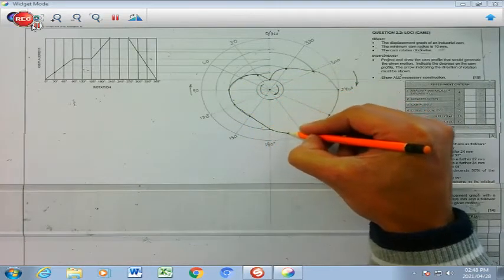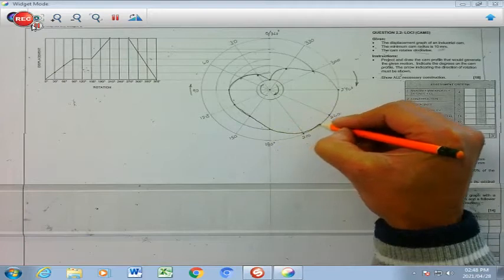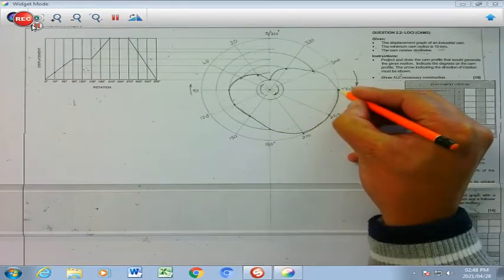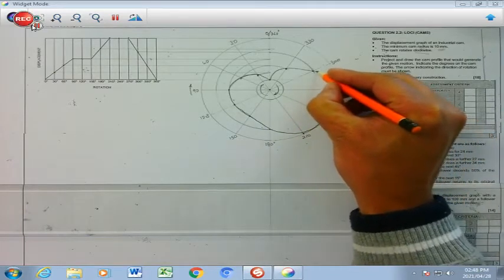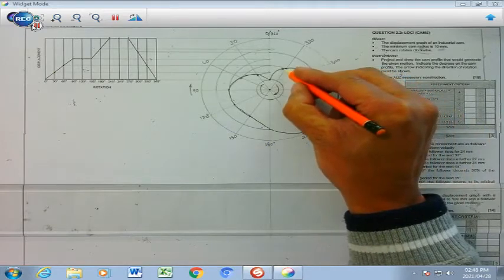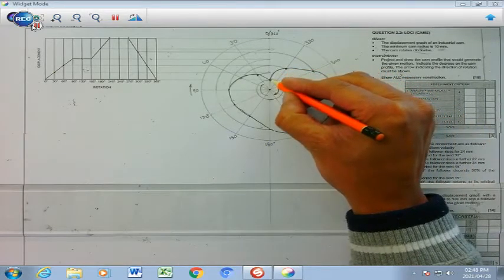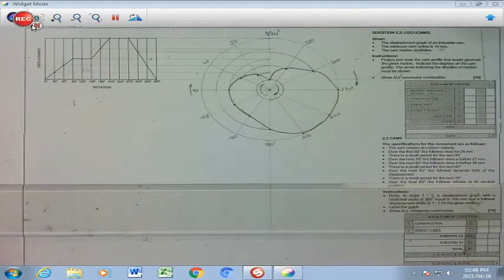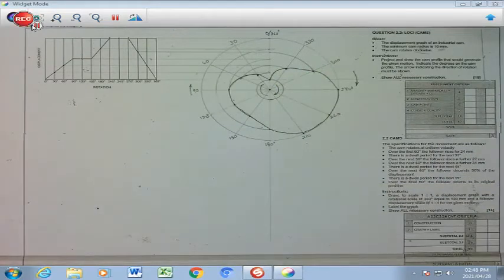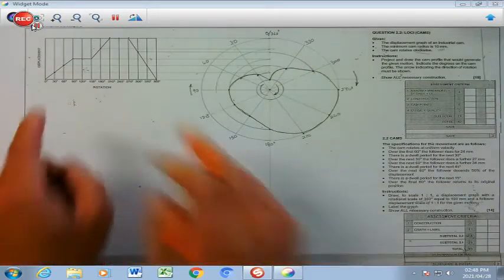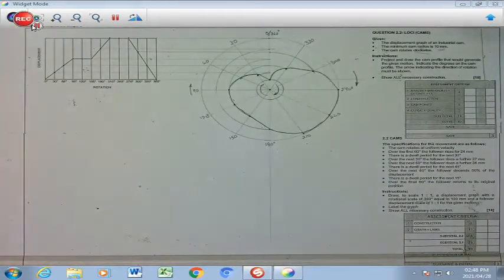Freehand. This is the only part of the drawing which will be drawn freehand, very neatly. This last part is the only part that will be drawn dark. All the other parts will remain faint. And that, my dear boys and girls, forms your cam profile generated from your cam displacement diagram.